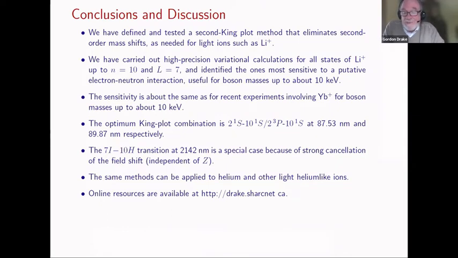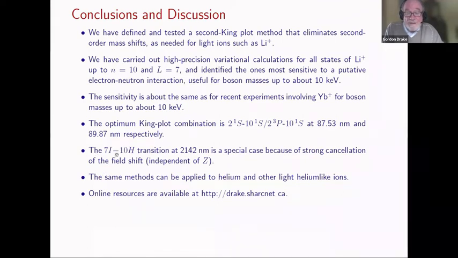The sensitivity is about the same as recent measurements for ytterbium plus, for boson masses up to 10 keV. The optimum King plots are in the far vacuum ultraviolet, around 90 nanometers, but the experiments within the n equals 2 manifold would still be of interest.